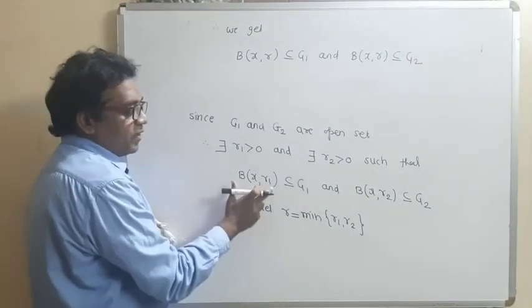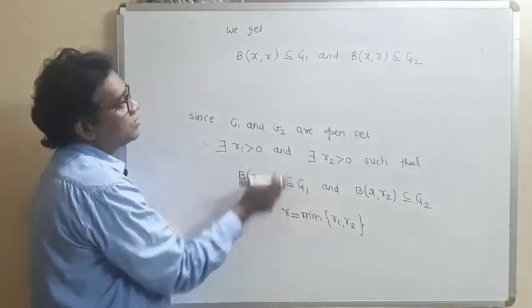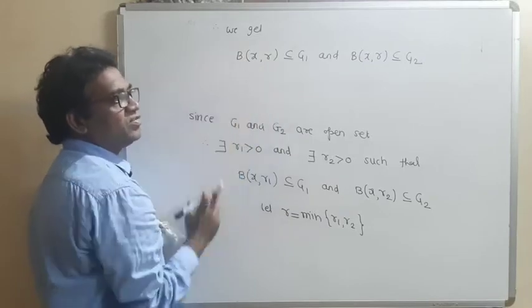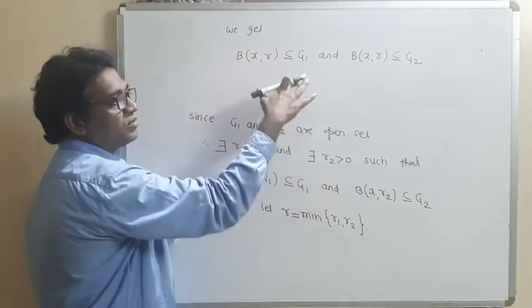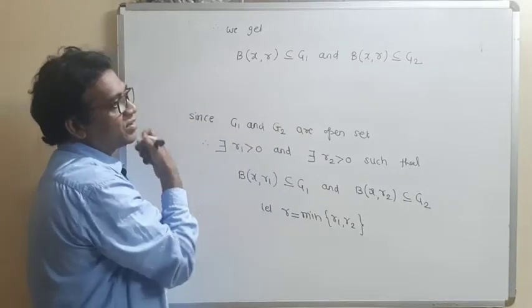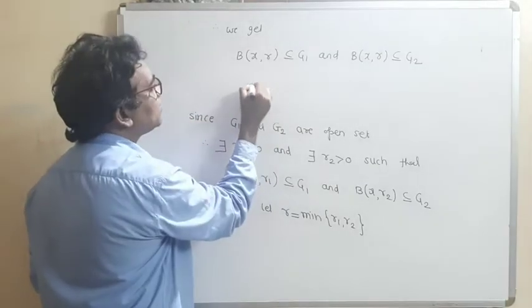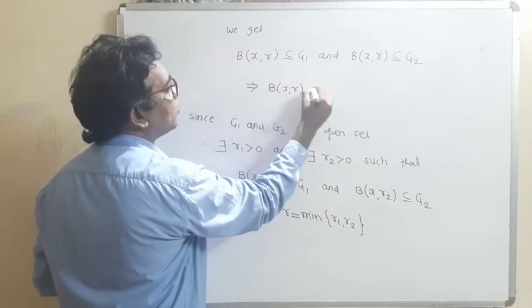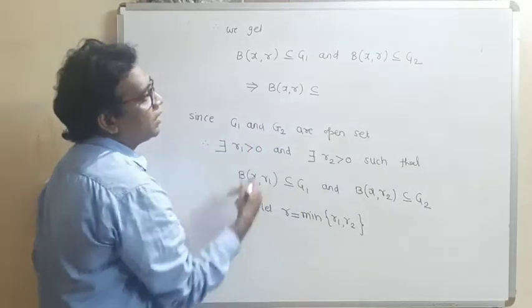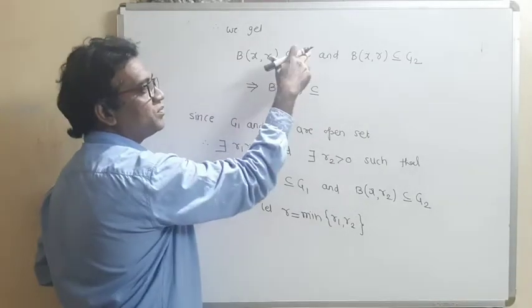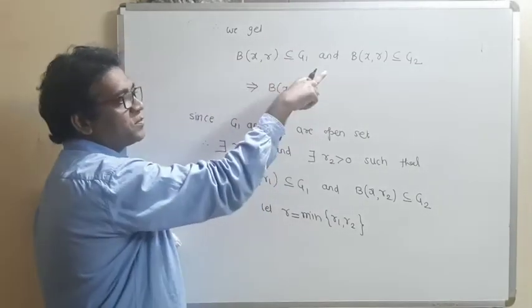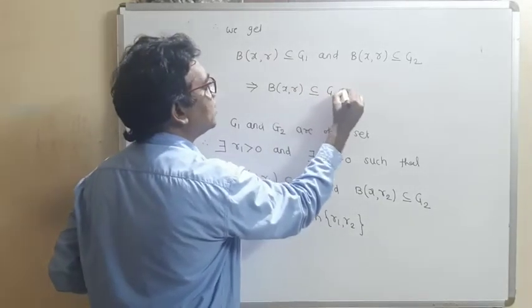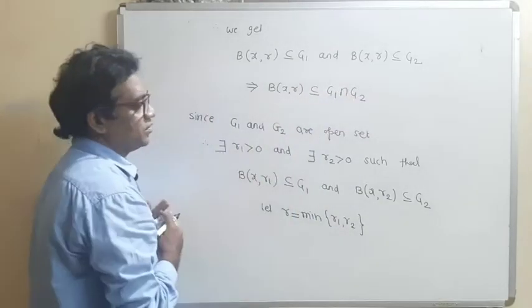So let us replace R1 and R2 by R. We get the open sphere B(X, R) contained in G1, as well as the open sphere B(X, R) contained in G2. This implies that the open sphere B(X, R) is contained in both, which means it is contained in G1 intersection G2.